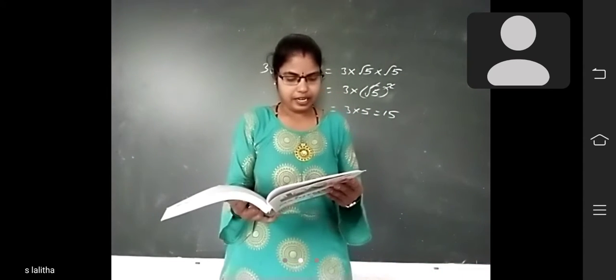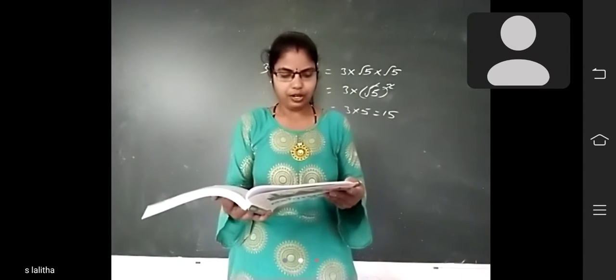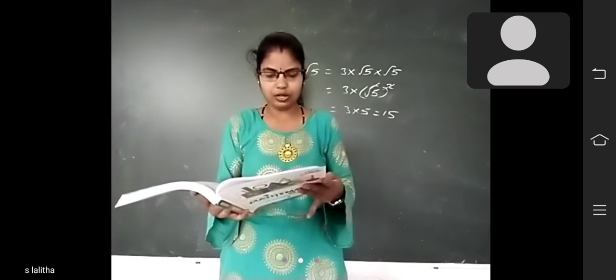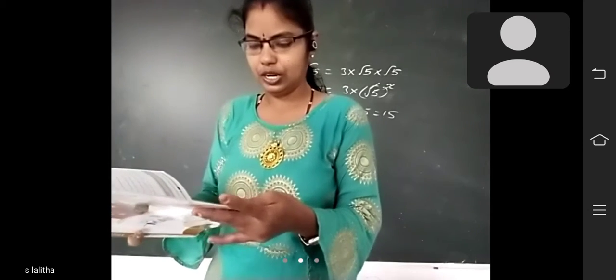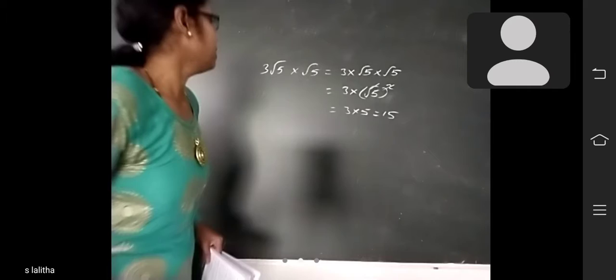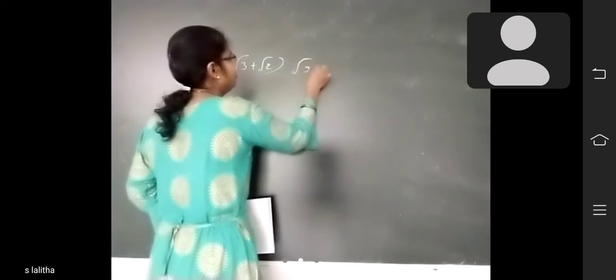Next, root 3 plus root 2 into root 3 minus root 2 is equal to 3 minus 2, equal to 1, which is rational. Another example: root 3 plus root 2 into root 3 minus root 2.